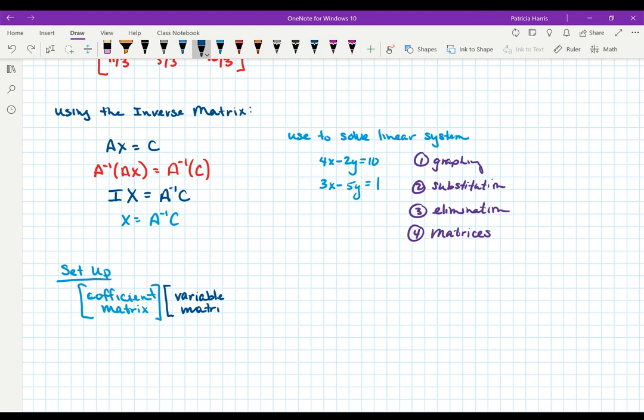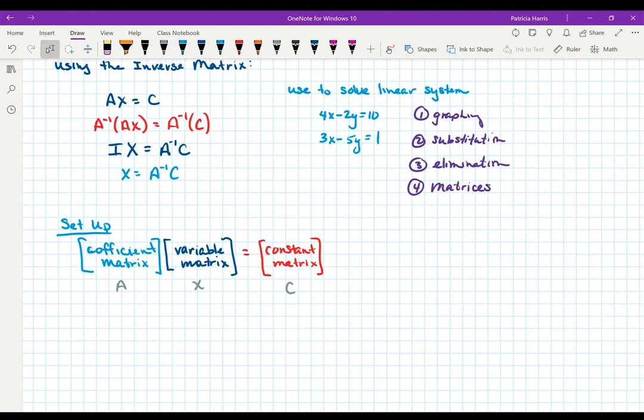And then that's going to equal what we like to call the constant matrix. So this is your A, this is your X, and this is your C.